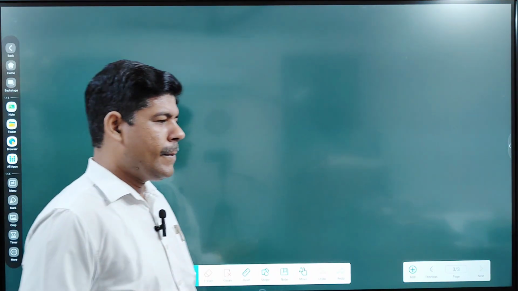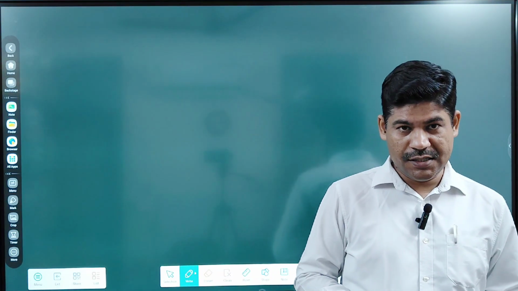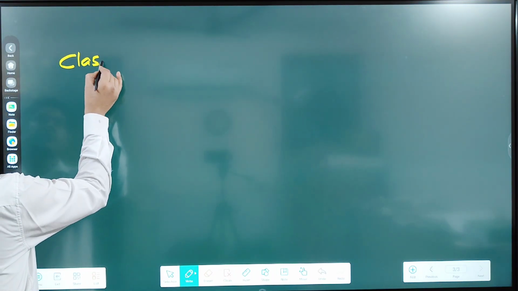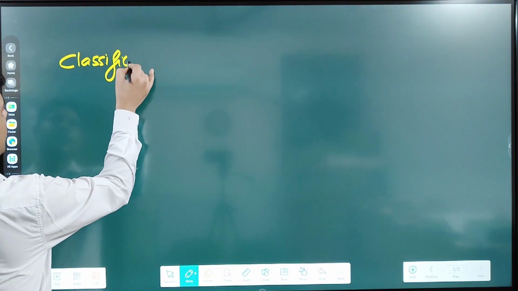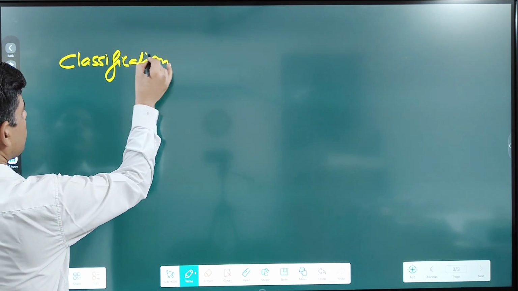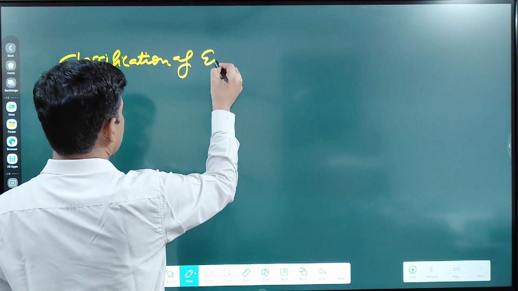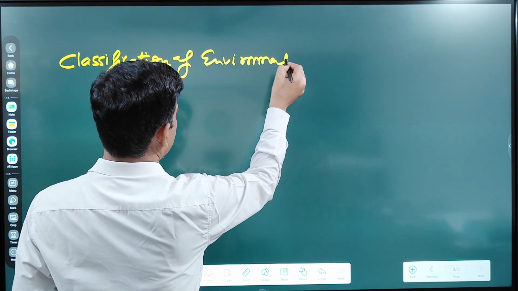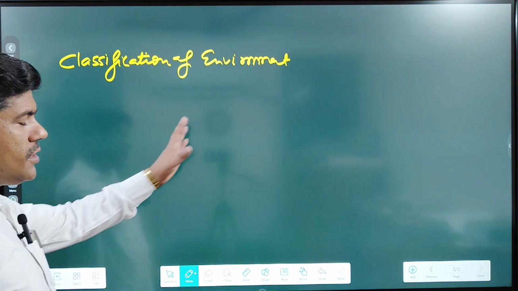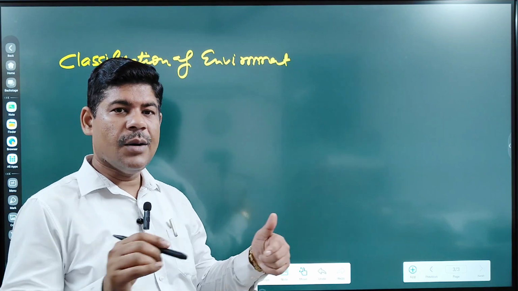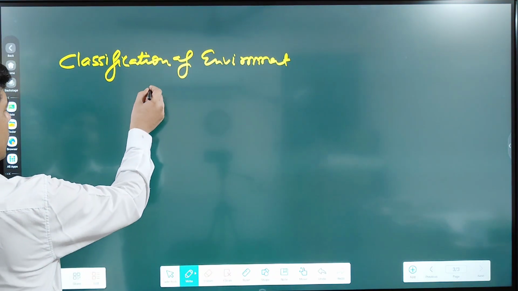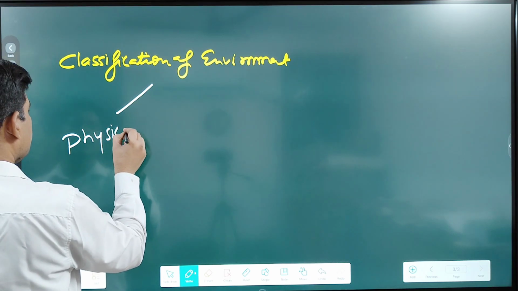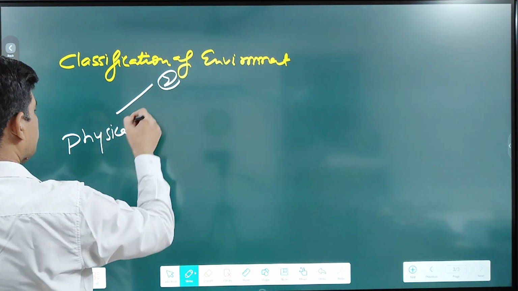So if we classify the environment, we can say classification of environment on the basis of its components. This is two types.